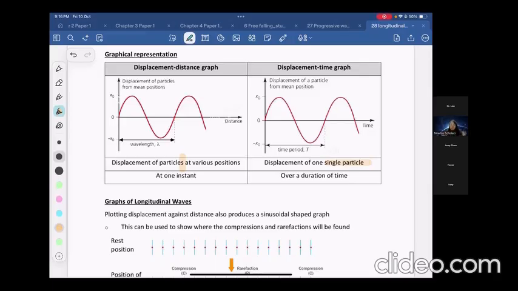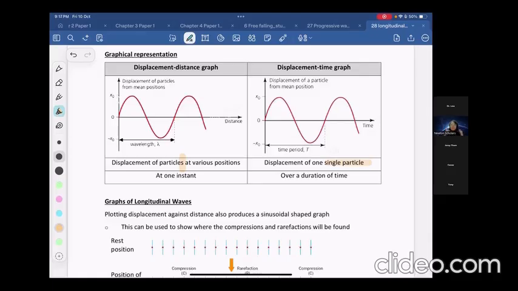For graphs, we have two types. One is called the displacement-distance graph, another one called the displacement-time graph. What is the difference in representing our wave particles? For the displacement-distance graph, we record all the particles at their various positions at one instant, meaning at a certain second.